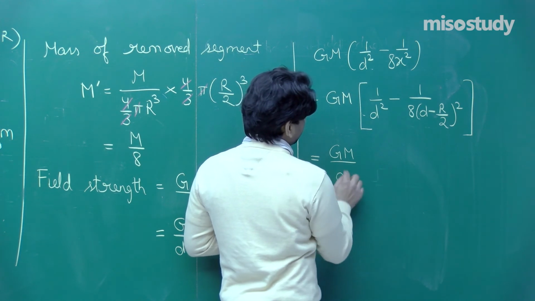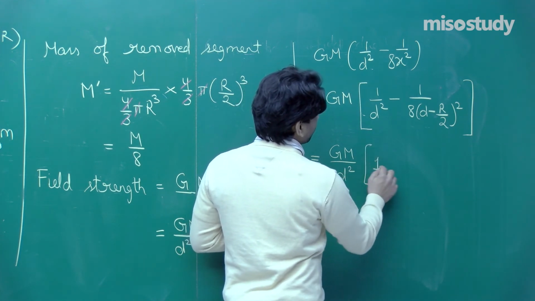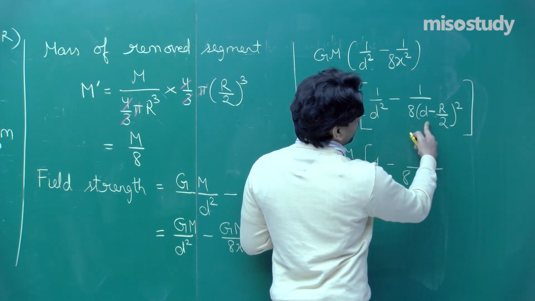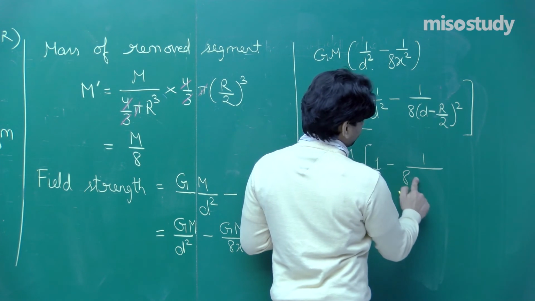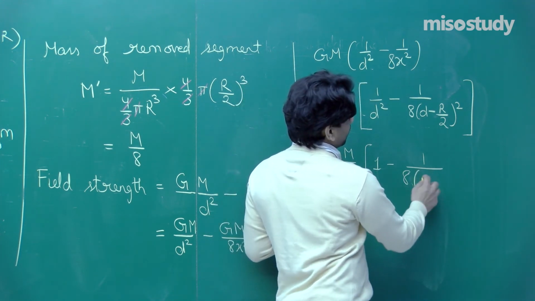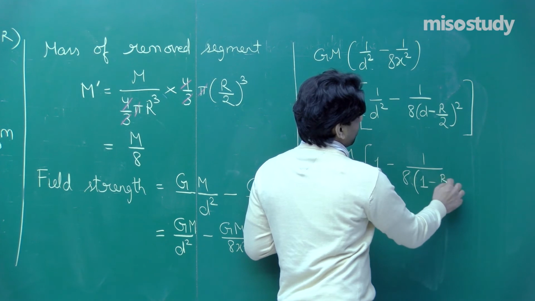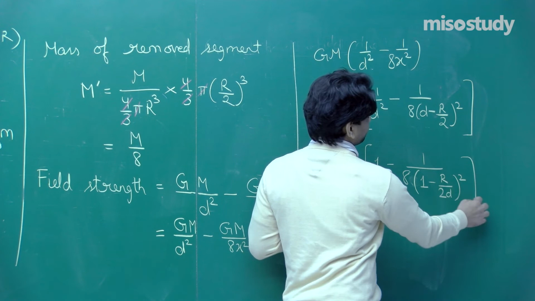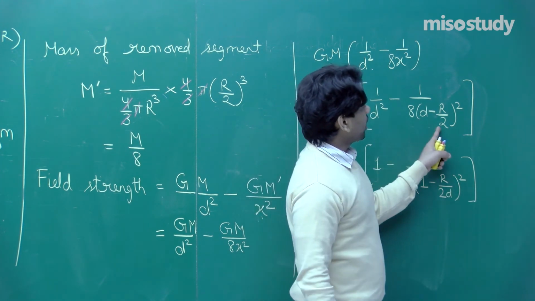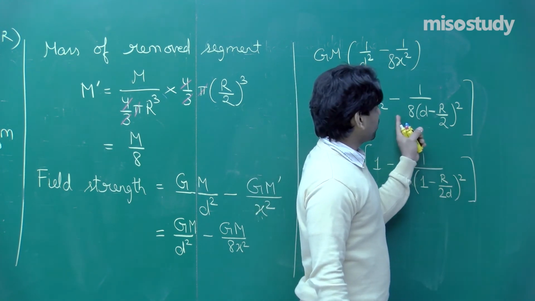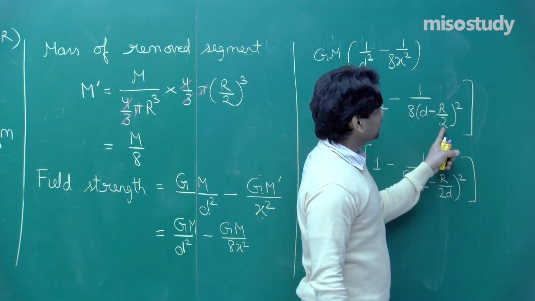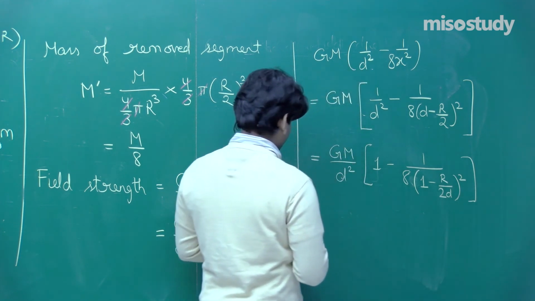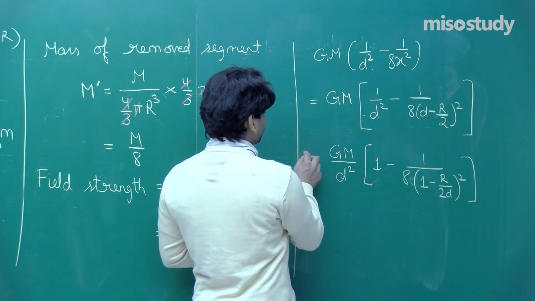Gm, I am taking d square outside, so 1 minus r by 2d whole square, with d also written in the denominator. In this term we get the value of gravitational field strength.